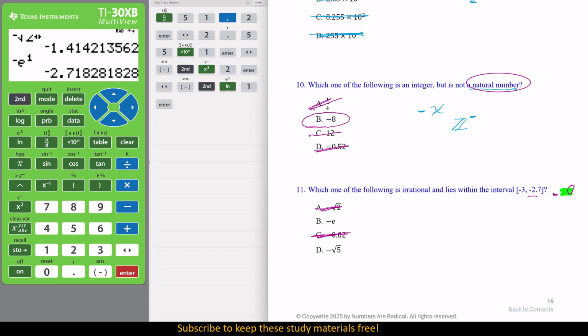It lies here. Let me erase this. If we had a number line, 0 is out here. I'm just kind of going through the process here. Option C would have been here, and then go down a little bit more and you'd have A. And then over here, let's say we have the -2.7, and then down here, let's put -3.